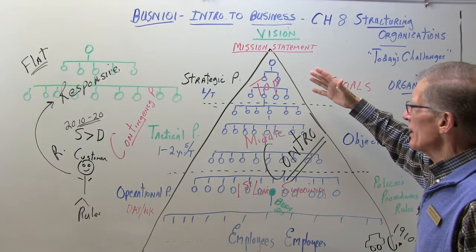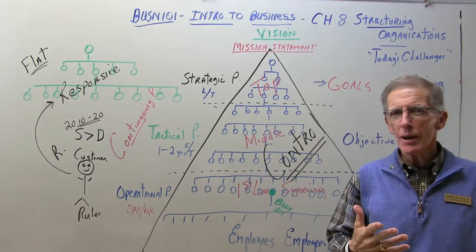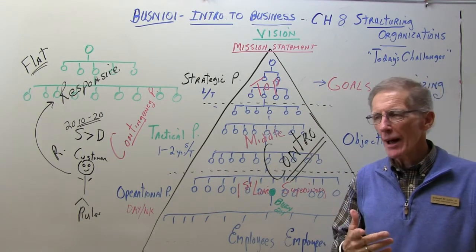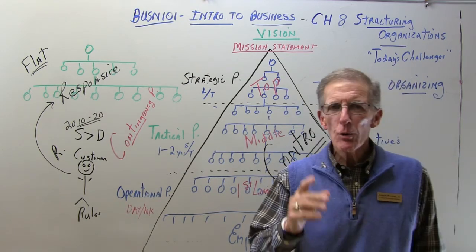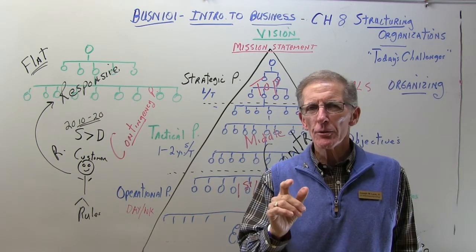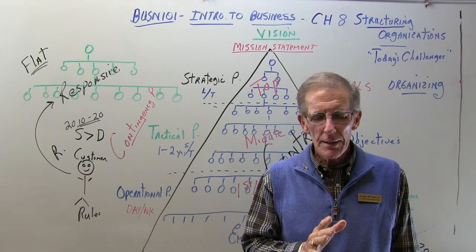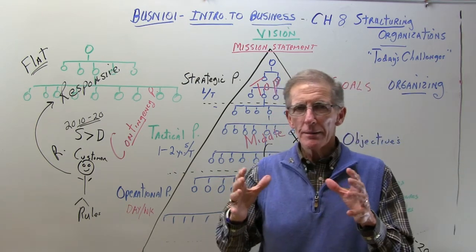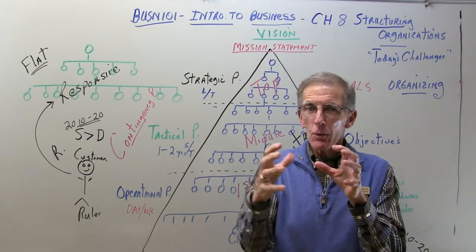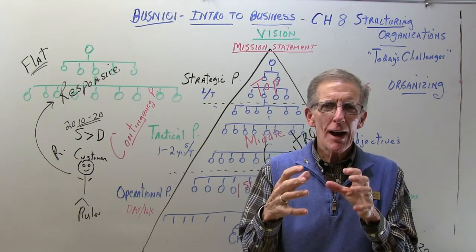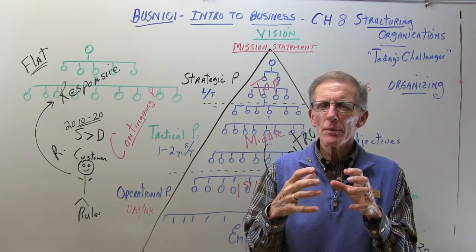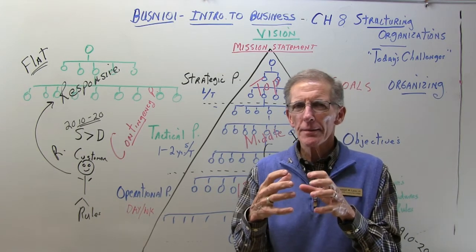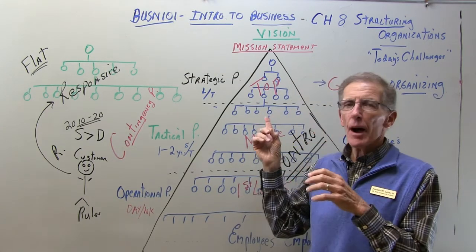The first one is, do you want centralized or decentralized authority? I'd like for you to know what centralized and decentralized authority is. If something is centralized, what does that mean? It's pretty much together, right? If you had centralized authority in your organization, where would that authority be? More than likely, at the top.